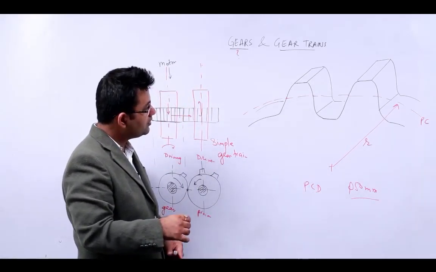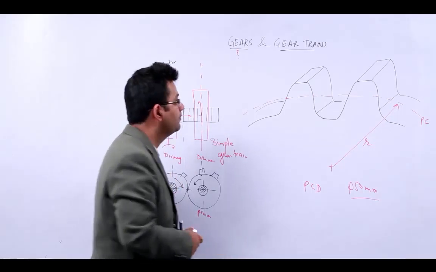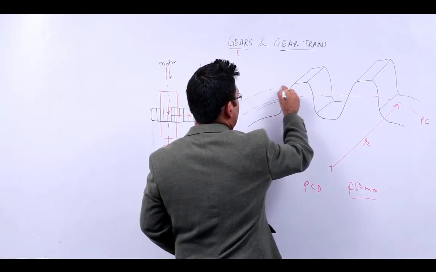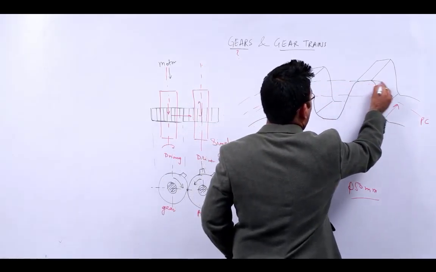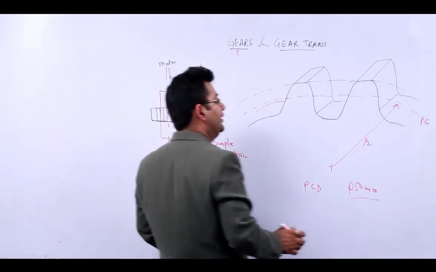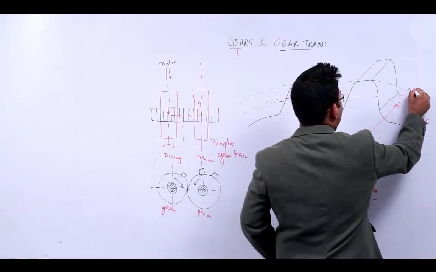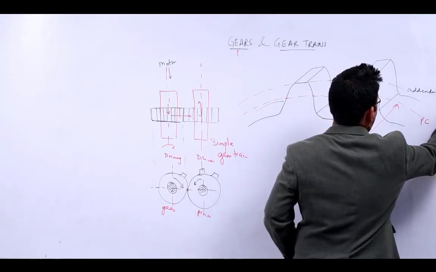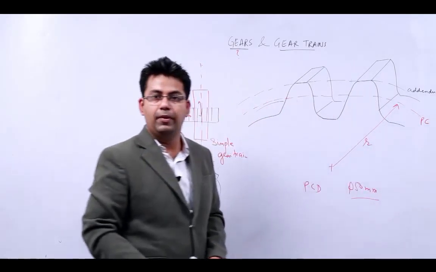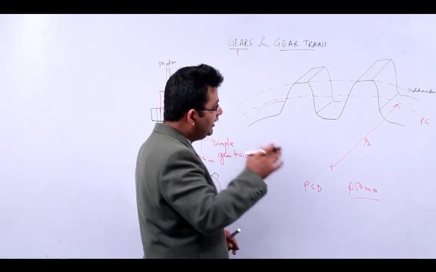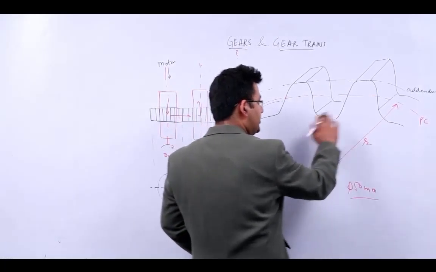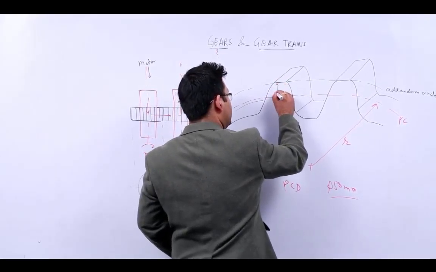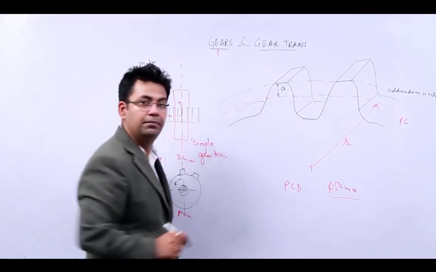Right. Now let me draw another circle, which is the locus of the top surface. This is called the addendum circle. Now the radial distance between the pitch circle and the addendum circle is called the addendum.